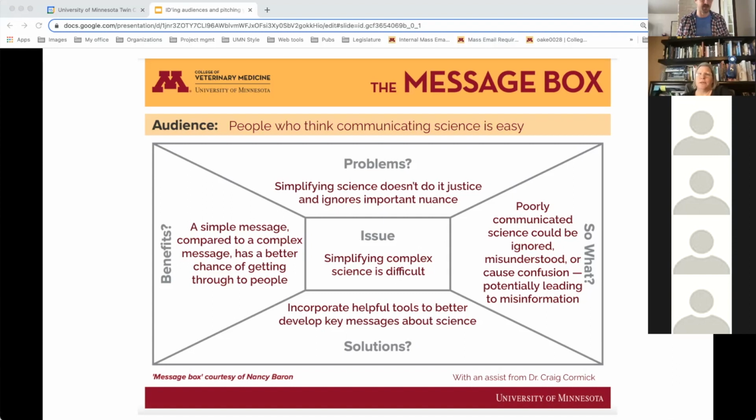Yeah. So in my mind, that's one of the cruxes that's different between communicating to non-scientific audiences and scientific audiences. We are trained to demonstrate to other scientists that the way we went about the research to come to our conclusions is a really important part of the argument that our conclusions are valid.